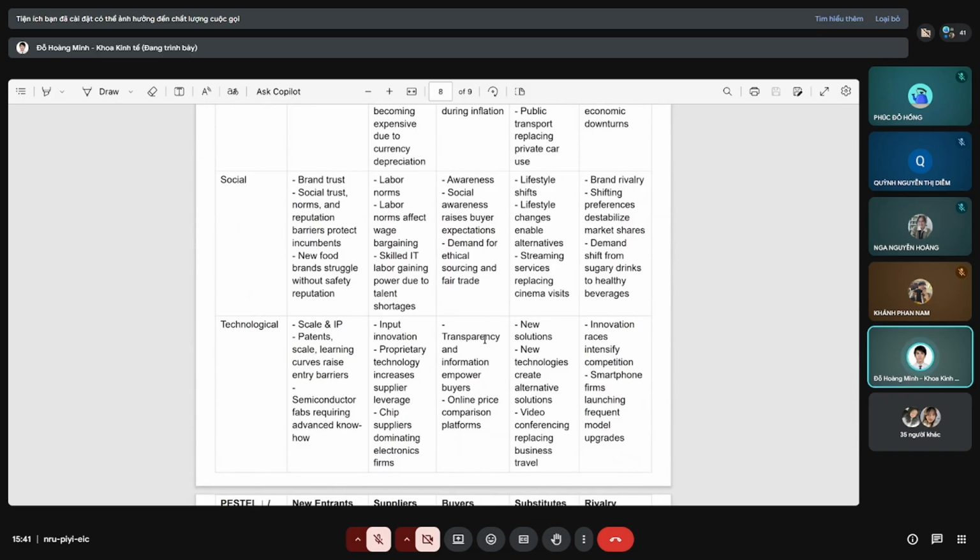The technologies can help the buyers gain more information. They can solve the information asymmetry. When they have full information, they can have more choices. They can easily compare alternatives. So it can improve the bargaining power.